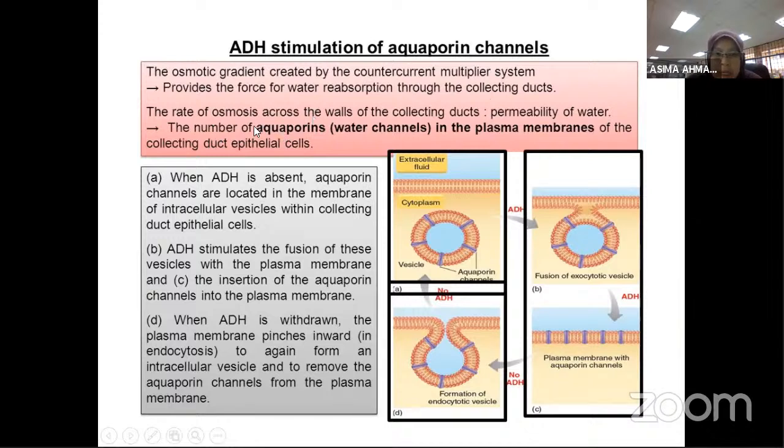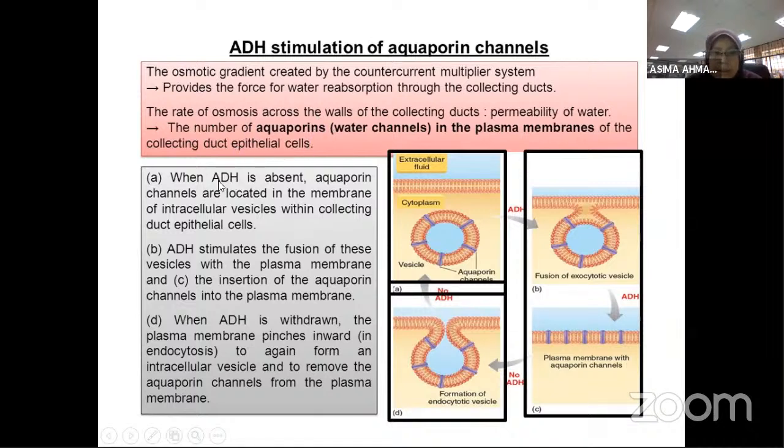So the number of aquaporins. Aquaporins are water channels in the plasma membranes of the collecting duct epithelial cell. So the permeability is determined by the number of aquaporins or water channels in the plasma membrane of the collecting duct epithelial cell.